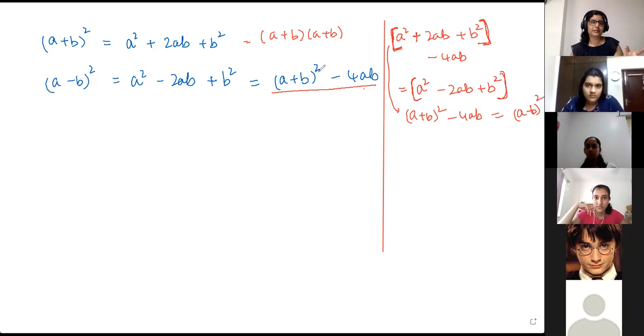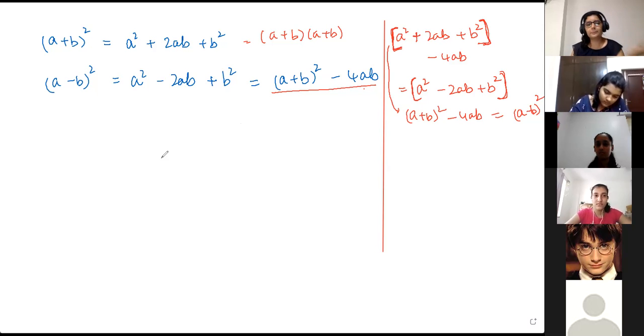These identities you have to use like a toolbox. You have to learn them so that when you come across a similar situation in problems, you can use them.